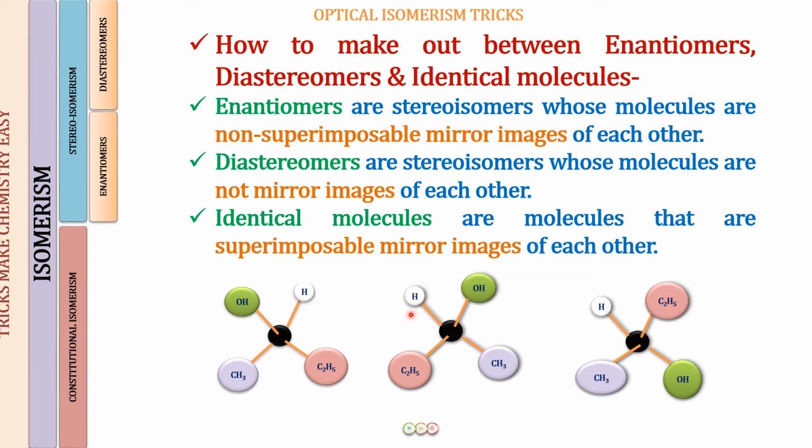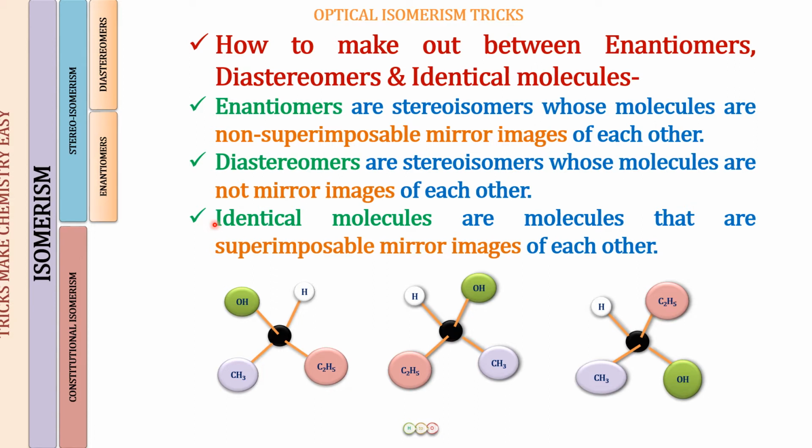The first tip for you is that whenever you have one chirality center, the molecules will never be related to each other as diastereomers. They are diastereomers only when there are at least two chirality centers in the molecule. So with one chirality center the work is less: you have to differentiate between enantiomers and identical molecules.